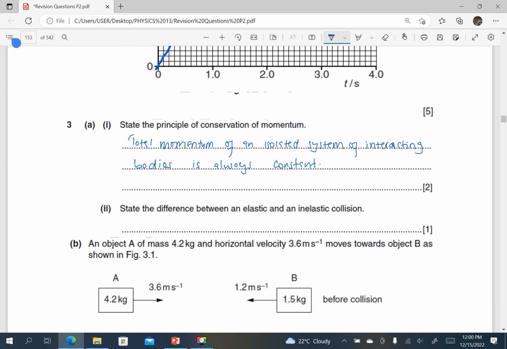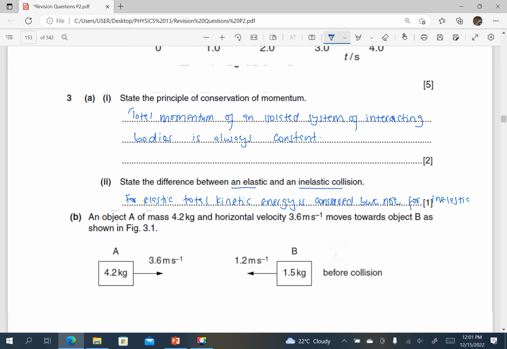State the difference between an elastic and inelastic collision. Of course, we know for elastic, total kinetic energy is conserved, but not for inelastic.